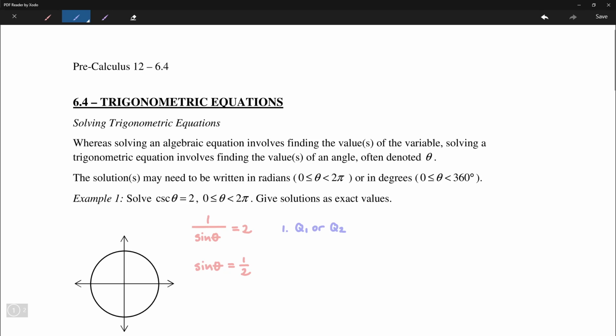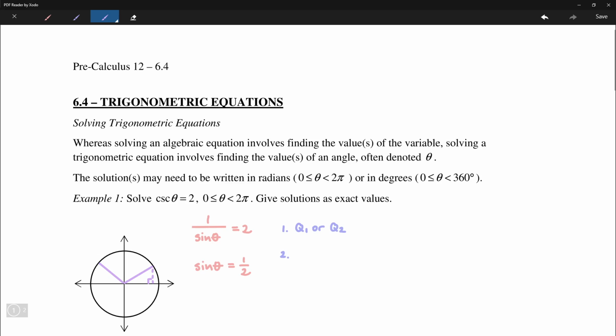Okay. The second thing that we know is we have 1/2. So using the special triangle, I'm just going to go ahead and draw that in here. It will look like this, and in quadrant 2 it will look like this. Let's go ahead and draw in the special triangle here.